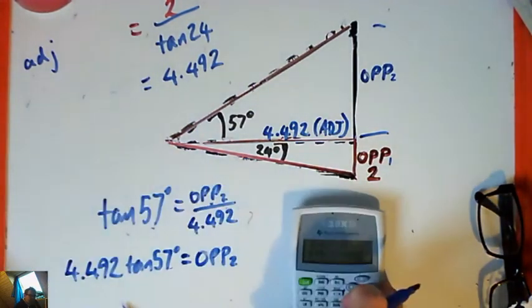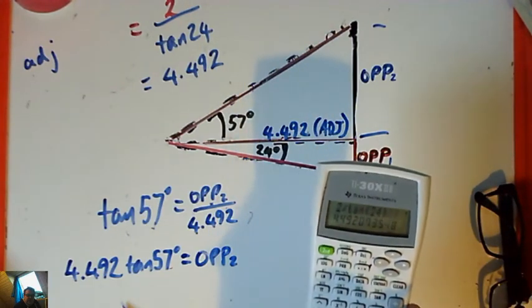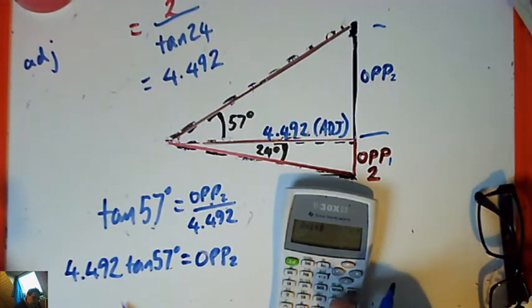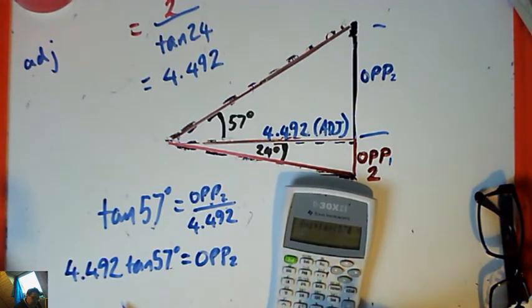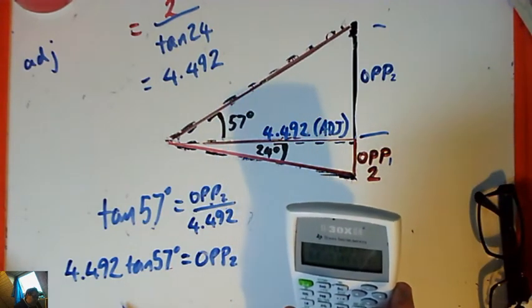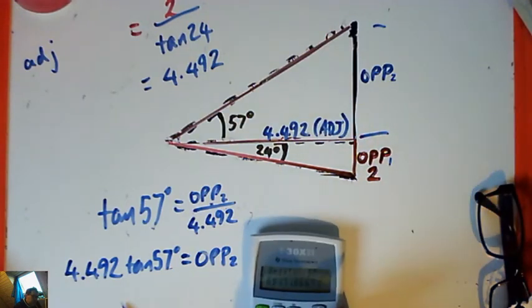And in fact, I've still got in my calculator the very accurate version of that 4.492. So all I've got to do is multiply it by tan 57, and that gives me 6.91.